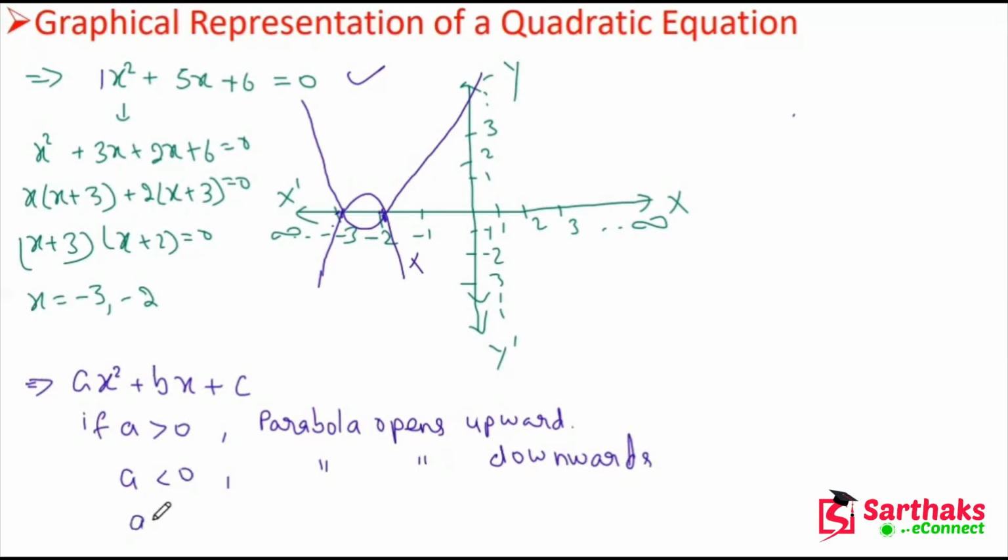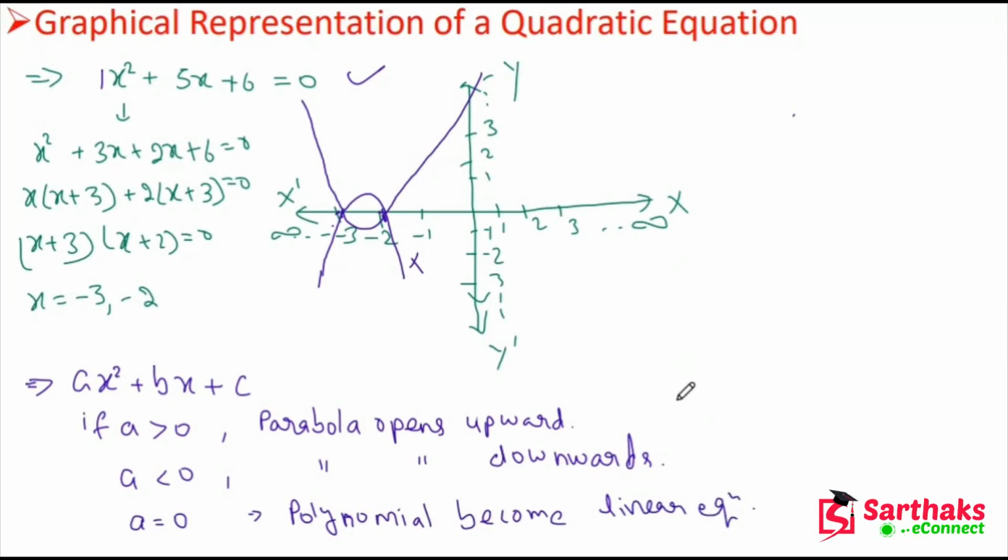Now, if a is equal to 0, the polynomial will become first degree, meaning it will become a linear equation.